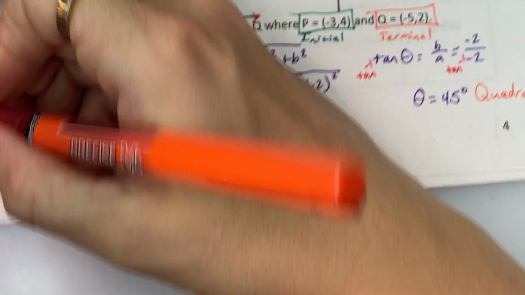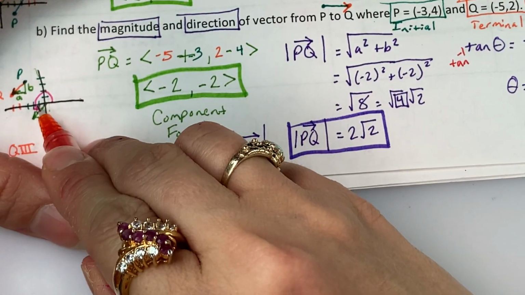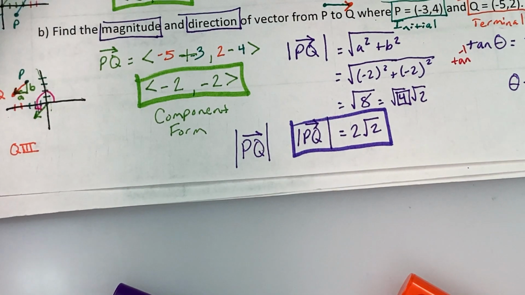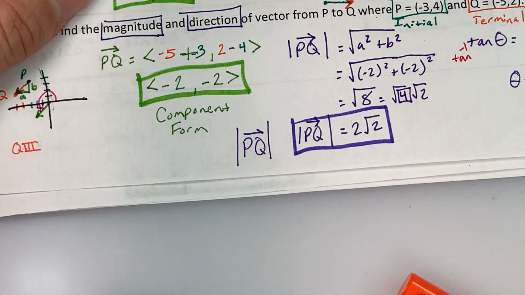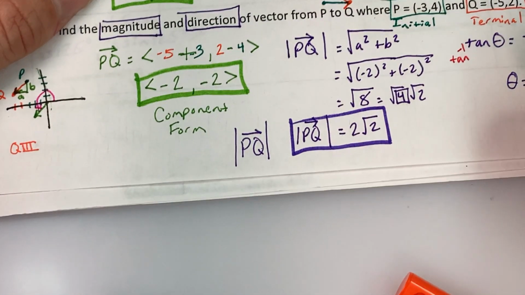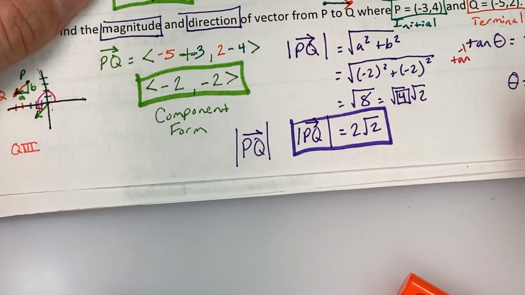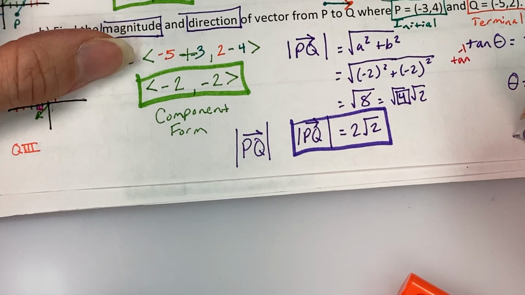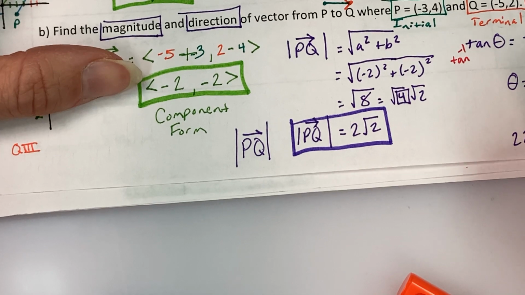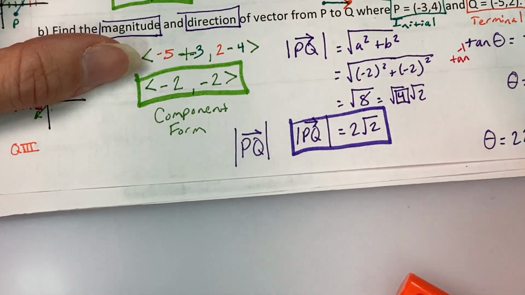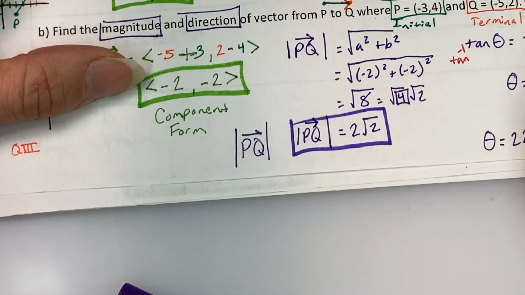So 45 degrees is the size of my reference angle, that little wedge in there. So to find a quadrant 3 angle, we're going to need to add 180. And that gives me 225 degrees, which is indeed a quadrant 3 angle.